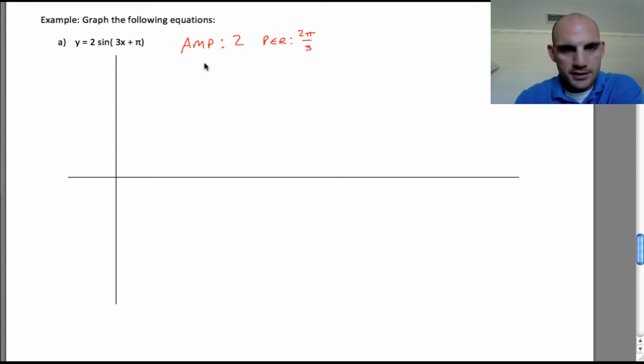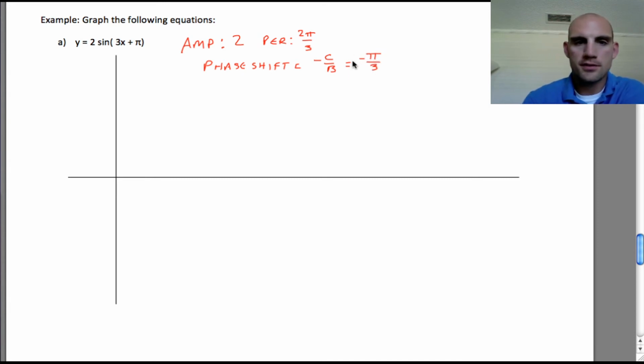And so when I go to phase shift, it is going to be negative C over B, which is going to be negative pi over 3. Cool. So phase shift and period have the same denominator, which is good for us because that means that we're going to be moving this in a way that we understand.